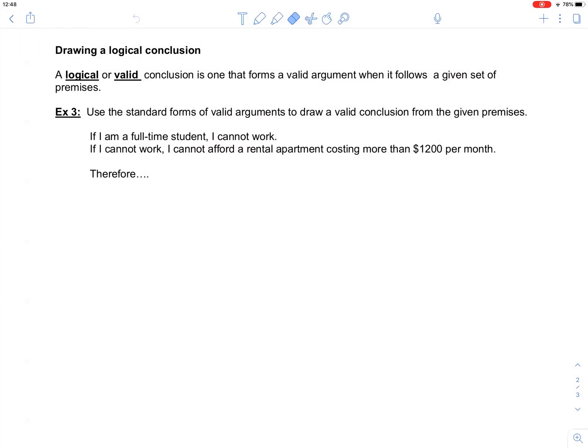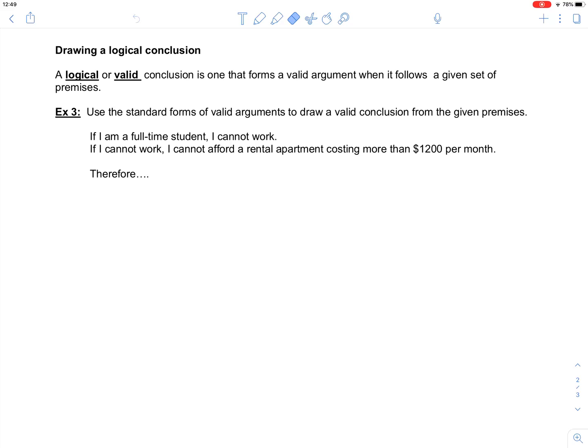We are able to use the standard forms of arguments to draw logical conclusions. A logical or valid conclusion is one that forms a valid argument when it follows a given set of premises. Example 3 states, use the standard forms of valid arguments to draw a valid conclusion from the given premises.